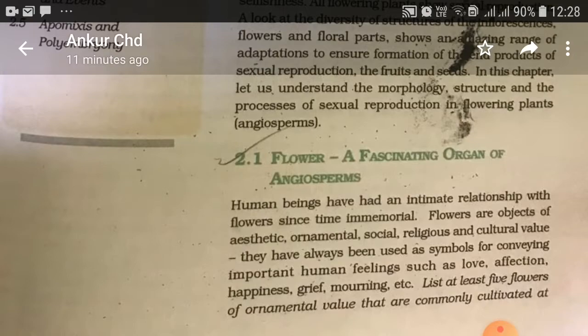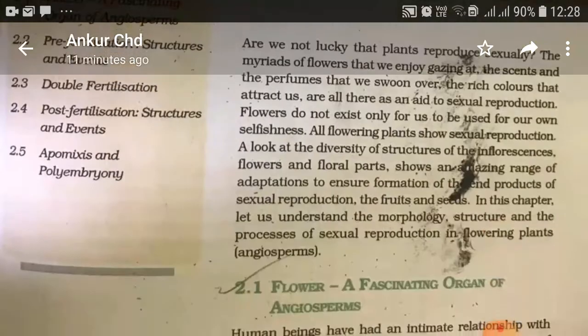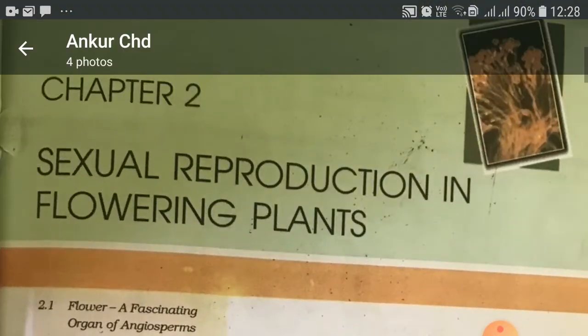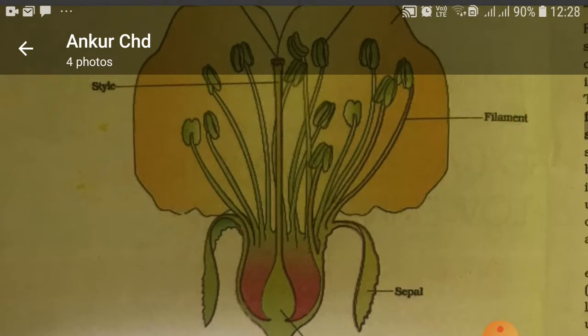Of these, the 2 whorls, the calyx and the corolla, are known as the non-essential parts of the flower, whereas the androecium and the gynoecium are the fertile and essential reproductive whorls of a flower.